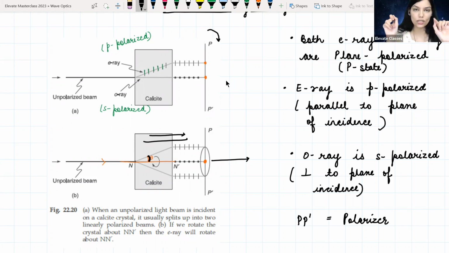It's shown by dots, okay? So that is how we told ourselves that when I'm considering an electric field vibrating parallel to the optic axis, I'll consider that part of the electric field to be an E ray. And the part whose oscillations are perpendicular to the optic axis or the plane of incidence is the O ray.